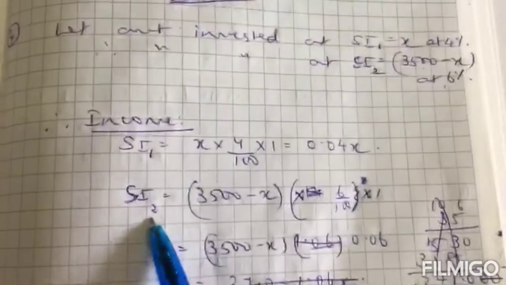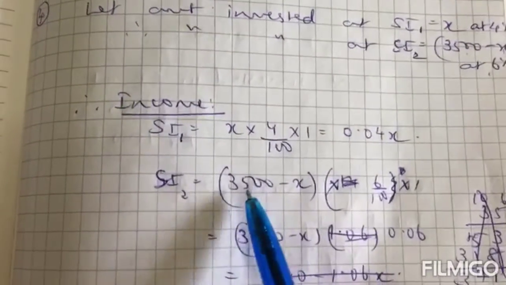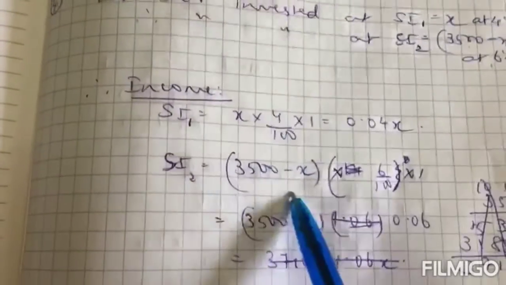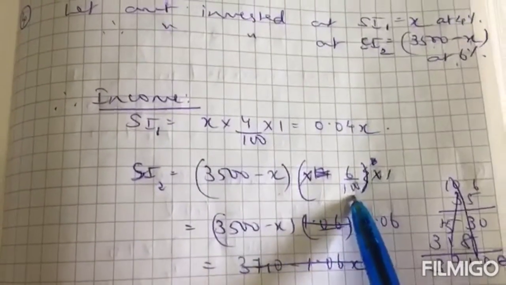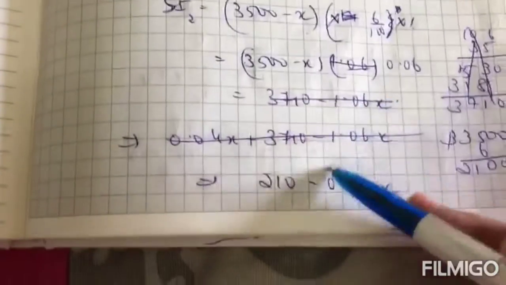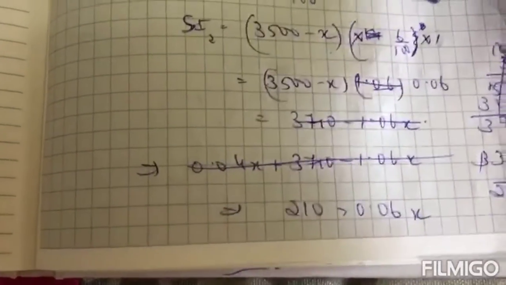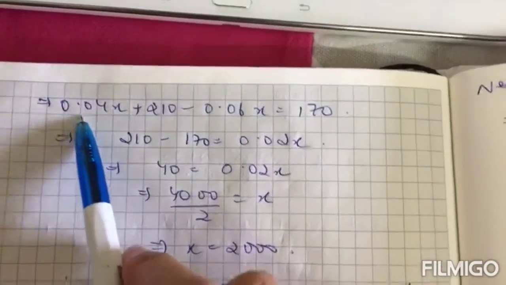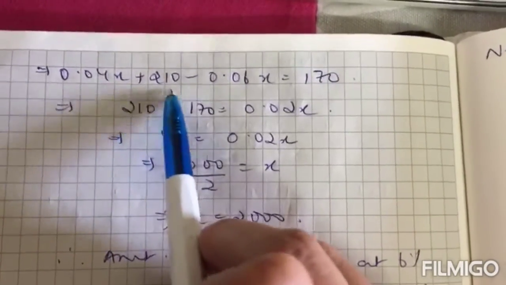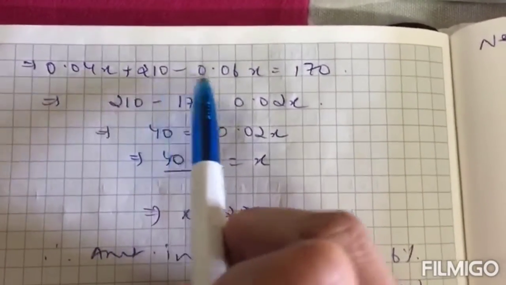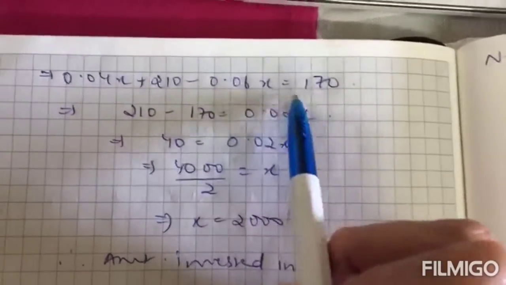Similarly, income from the second simple interest investment will be what? 3,500 minus x into 6% into 1 year, which is 210 minus 0.06x. Okay. So 0.04x plus 210 minus 0.06x is equal to 170.